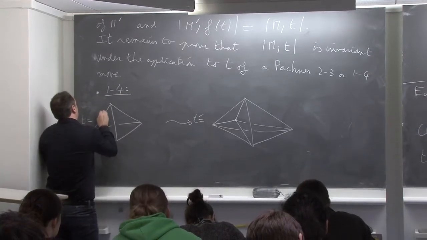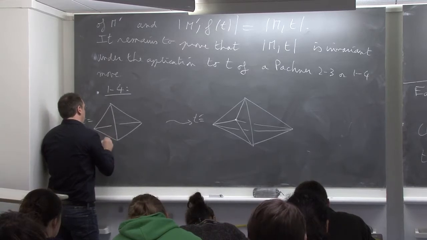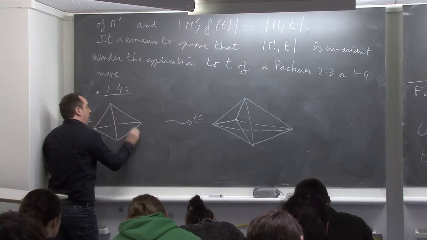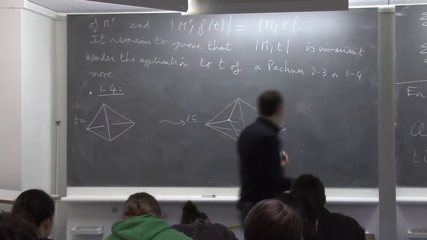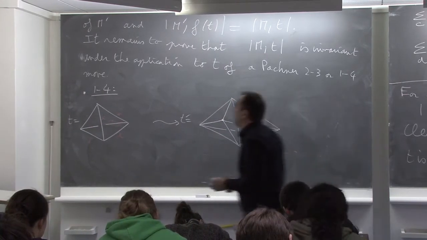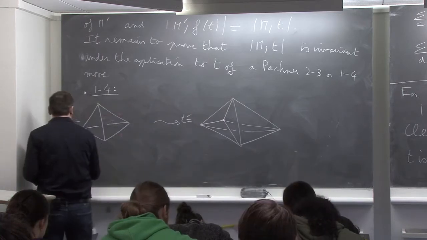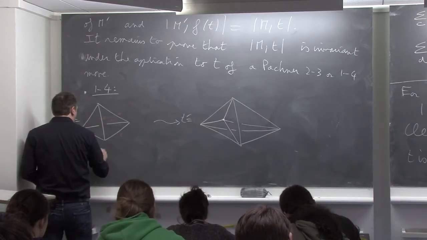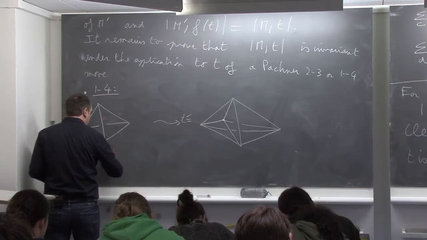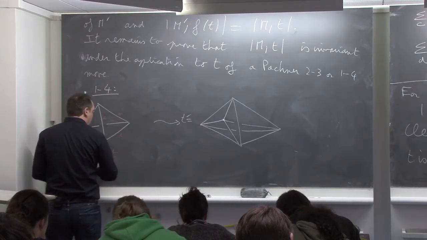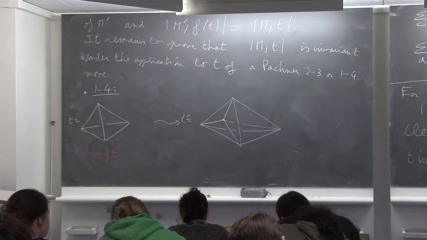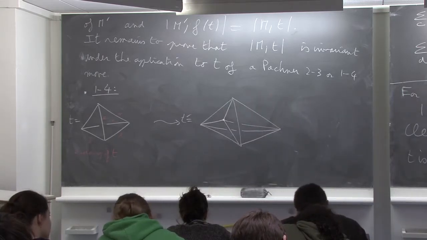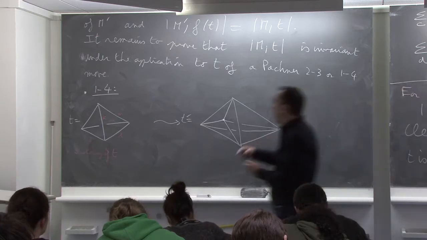Now, I take some coloring I, G, K, L, M, N. If I take a coloring C of T, how do we obtain a coloring of T prime?